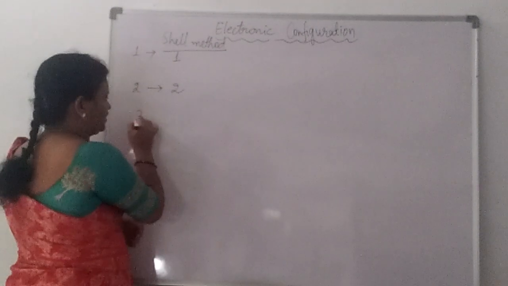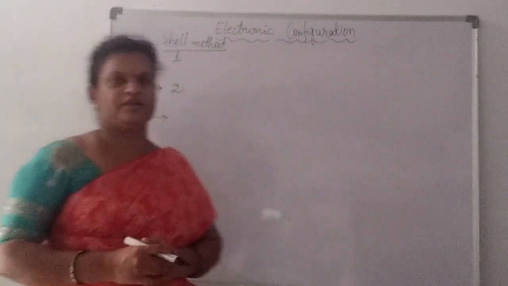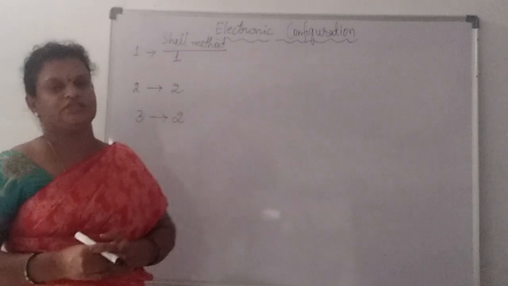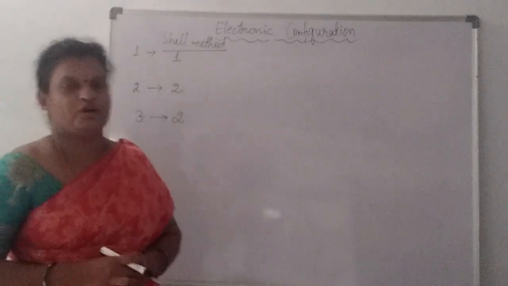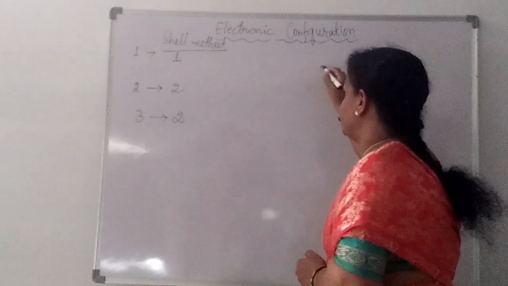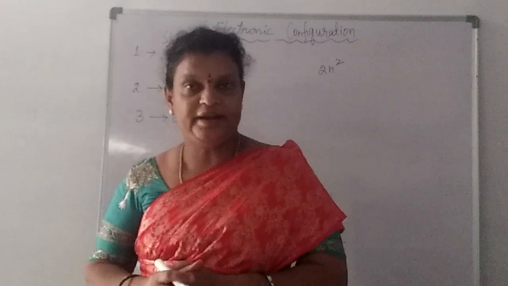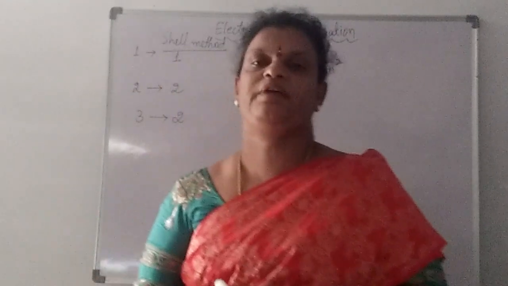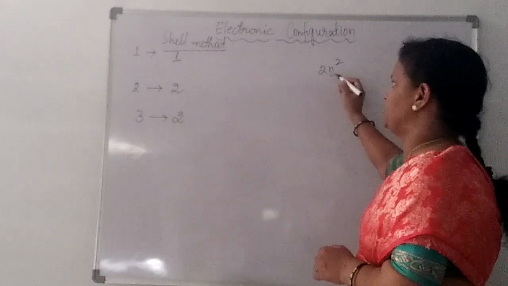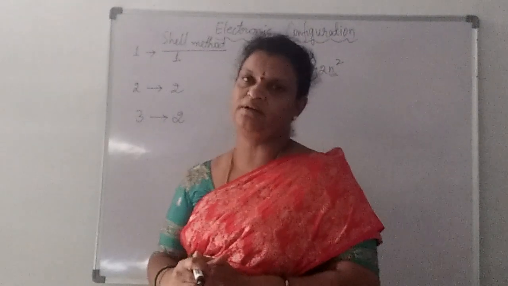If you come to the third element, with atomic number 3, what will we do? The first shell can accommodate a maximum of 2 electrons, based on the formula 2n square. 2n square is the formula for identifying the maximum number of electrons in a particular shell. N means the shell number, the principal quantum number, right?